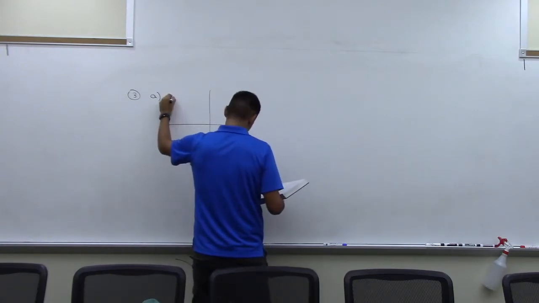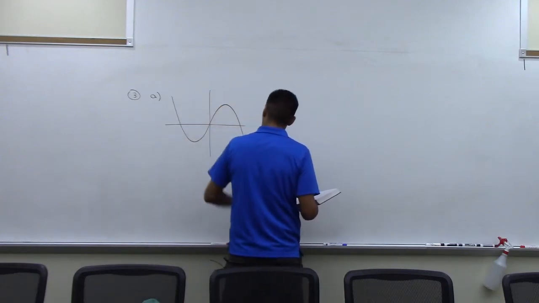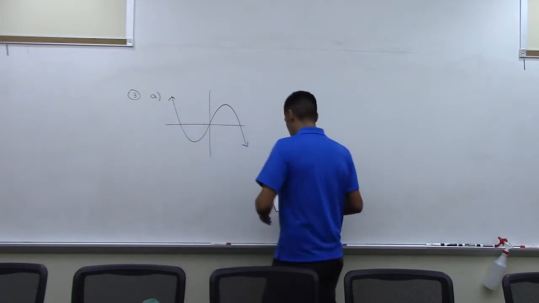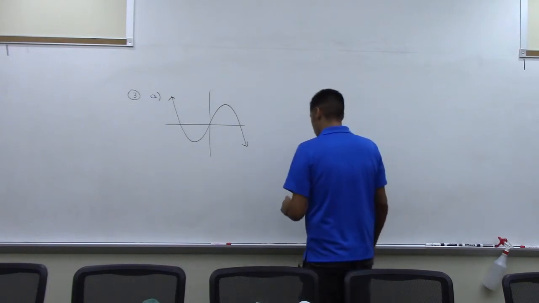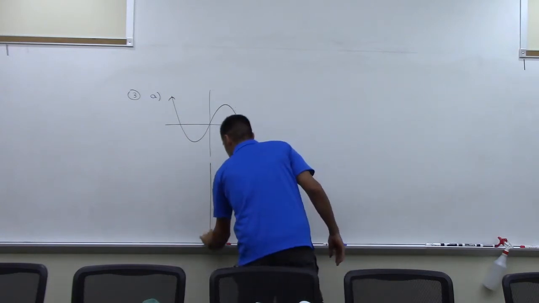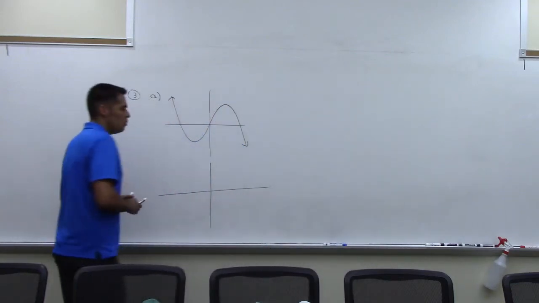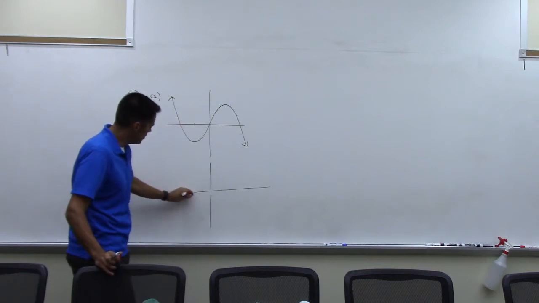It comes down, comes back up, comes back down like that, and we can assume those are arrows. So I'm trying to match it up with its derivative. I'm going to graph its derivative below this. I'll start at the points I know for sure, right here at this x value.